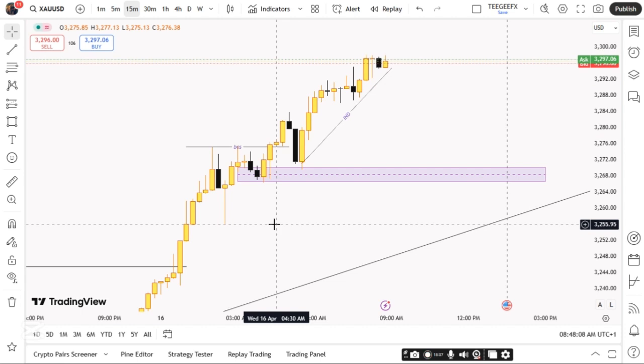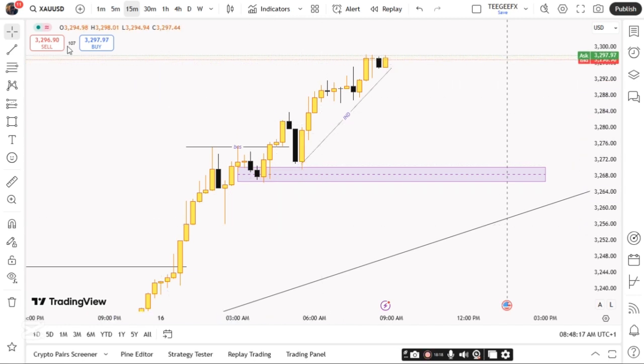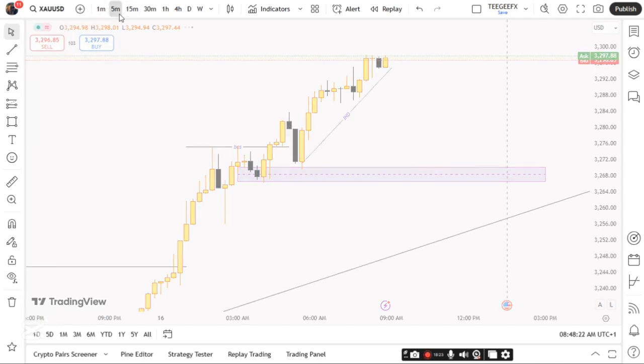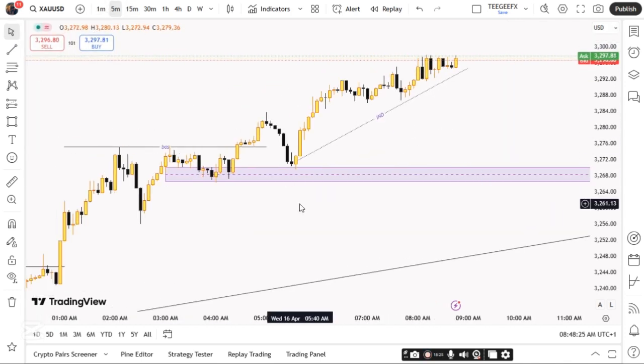So since the market has come back into this box, I think my confluence level here has dropped because of this mitigation. So the next thing I do is move to 5 minutes to see if I can get any other blocks.